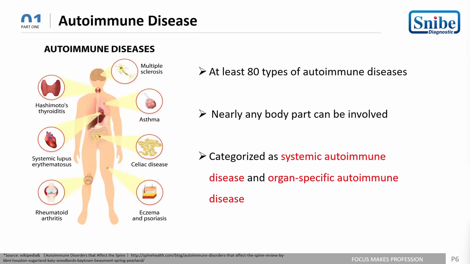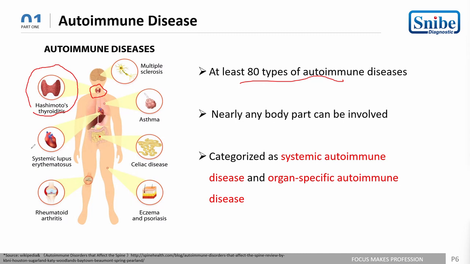If we talk about autoimmune disease, there are a few examples. At least 80 types of autoimmune disease exist as of today. For the thyroid, the autoimmune disease is called Hashimoto's thyroiditis, an inflammation of the thyroid gland, which has a typical syndrome condition in which multiple symptoms occur.